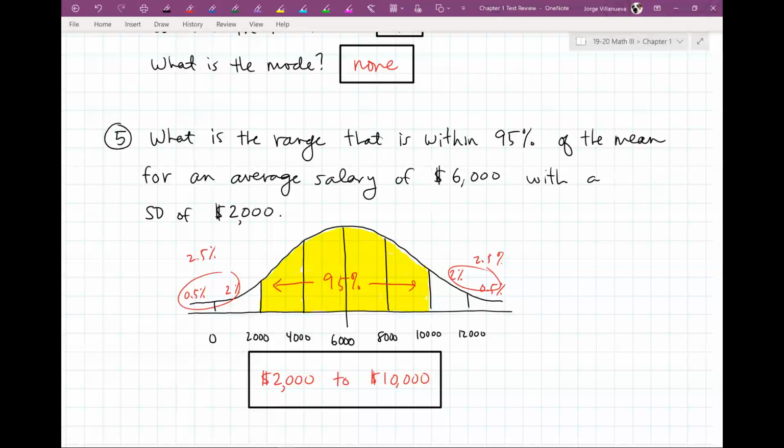I mean, they give you all the information you need. They say, look, the mean is 6,000. The standard deviation is 2, so you can put all the numbers where you need to. And they say, what's within 95%? Well, as long as you know that 95% is basically everything except for the last two little pieces on the left and right side. That's 95%. Then I colored it in and I said, well, that's from 2 to 10. Right? So there you go.